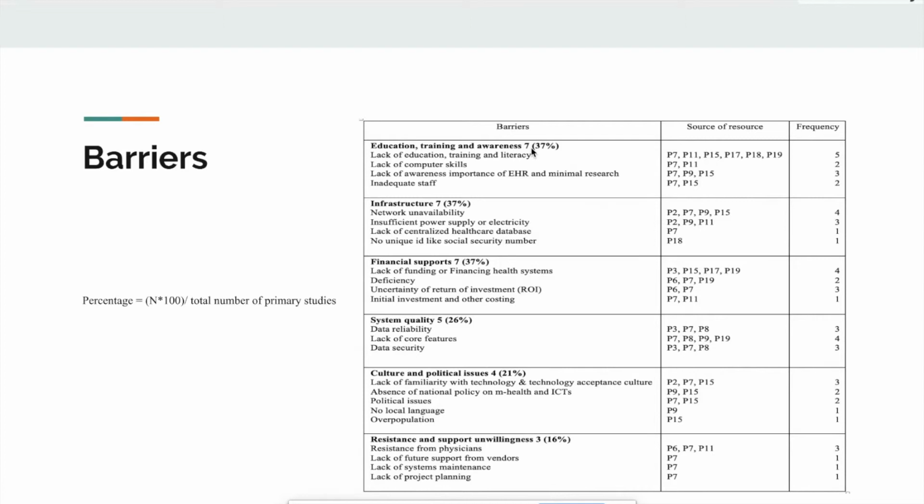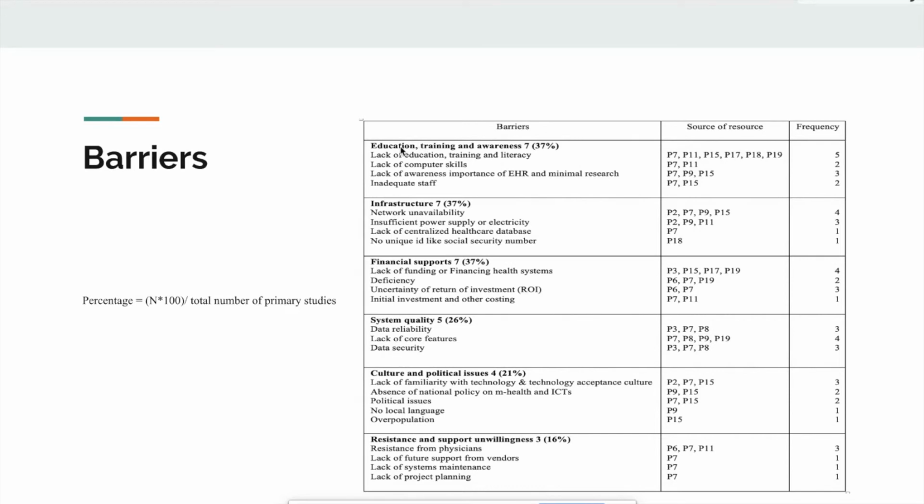You might have another question: what does this percentage mean, or how is it defined? The percentage is defined with this formula, a general formula to calculate the percentage. Here n means the number of studies that talked about this category.